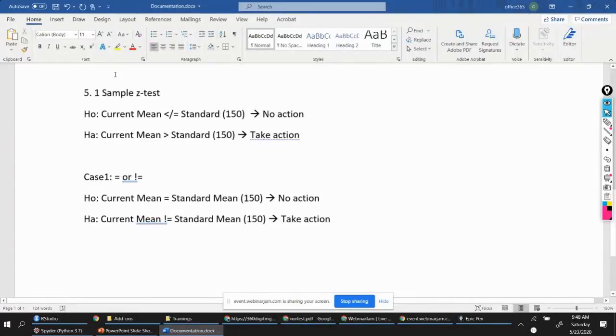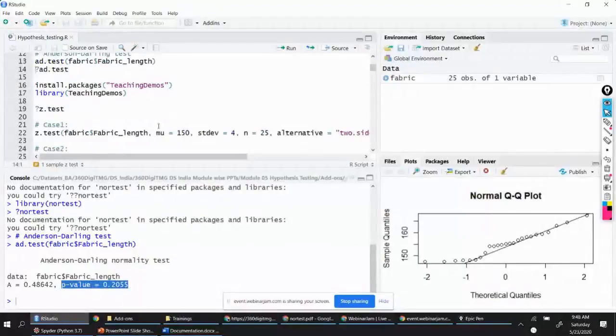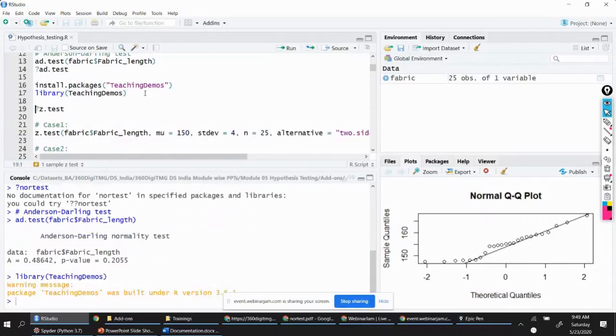So first we'll verify this, because ultimately I need to verify whether it is equal or not, right? So the first condition is this, I'm checking this. And the test that I'm using is called z-test. And for getting the z-test, we use the teaching demos library.